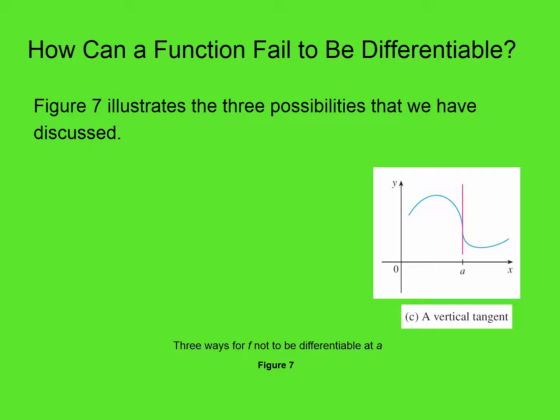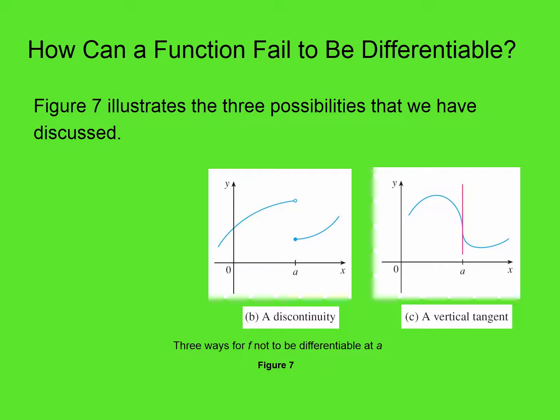Okay, so the three possibilities, three ways to be not differentiable. Vertical tangent, discontinuity, it's not going to be smooth if you can't draw it without lifting your pencil from the paper. You might look at this vertical tangent in this form of it and say, well, that looks smooth.